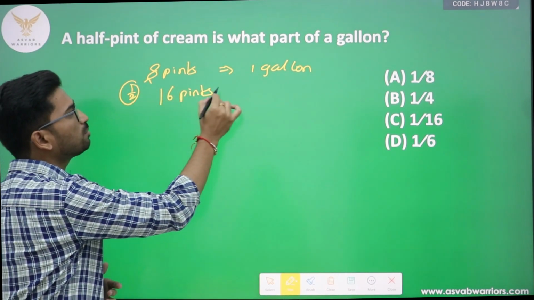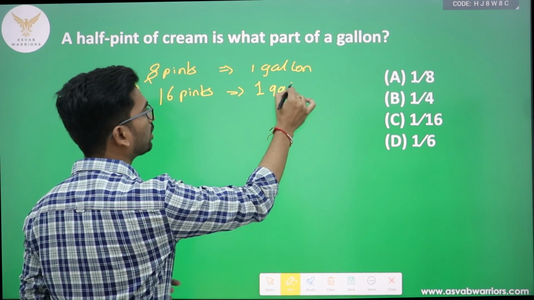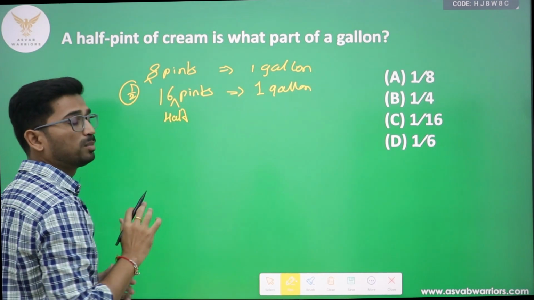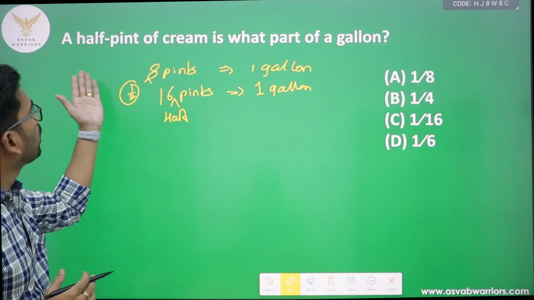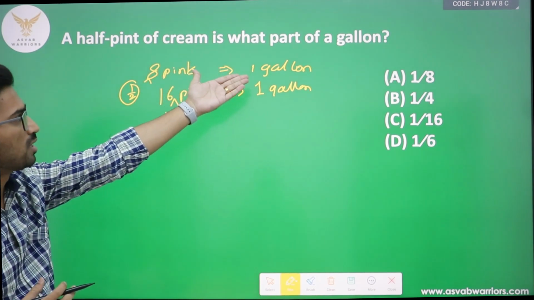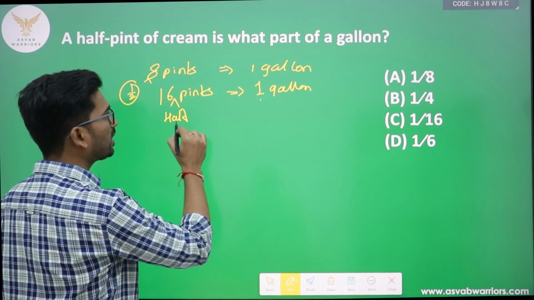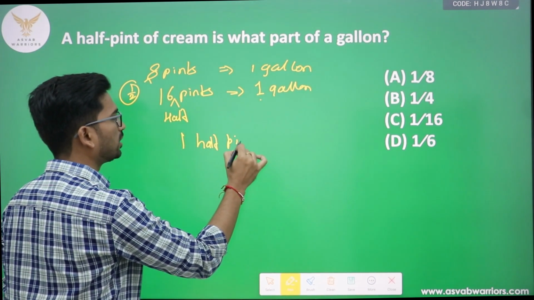Then there will be 16 half pints in 1 gallon, right? There will be 16 half pints in 1 gallon. And what do we need to calculate? A half pint of cream is which part of a gallon? We will divide this 1 gallon by 16, then we will get the value of 1 half pint.